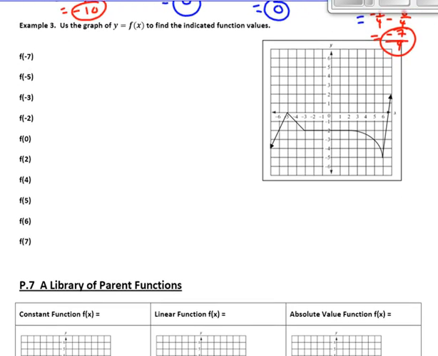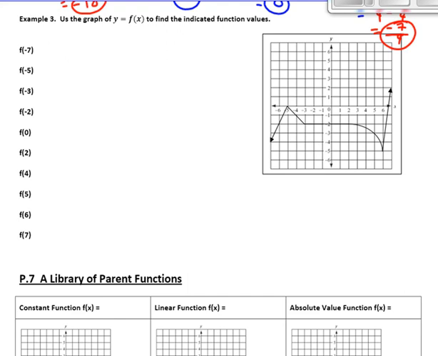And then the very last part here, use the graph of y equals f of x. So you're given a function, here's the graph of it, and you should find the indicated values. So f of negative 7 means that I'm looking at the f function at x equal to negative 7. And I want to find out, what does y equal?